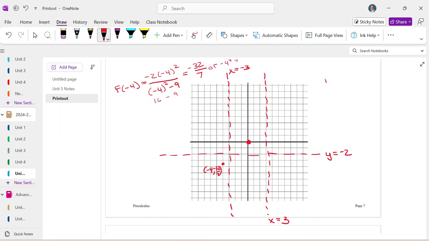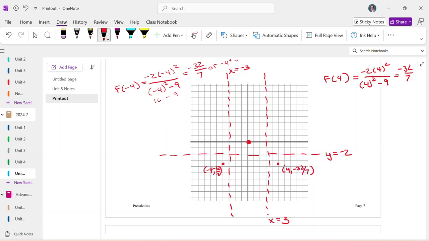And then when you put in +4, because that would be the next number over from 3, notice you get the same thing, -32 over 7. So it would be right there.